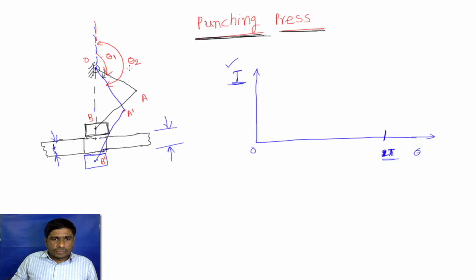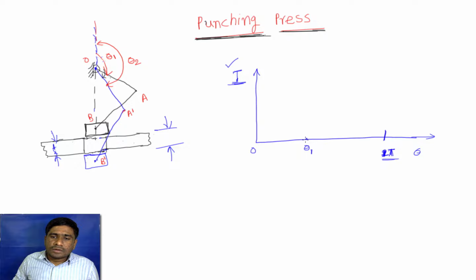So crank is starting from the 0 degrees, and it doesn't require any torque or resisting torque. For example, if I consider this as a resisting torque or torque required to produce a hole, it's not experiencing any resistant torque until it reaches the angle theta 1.